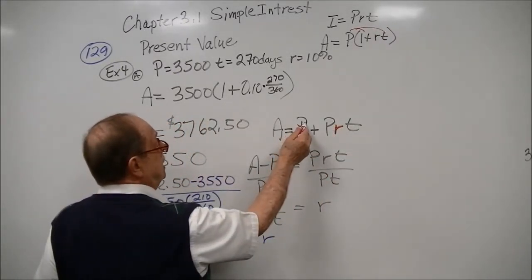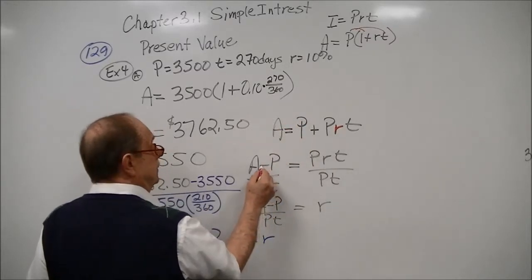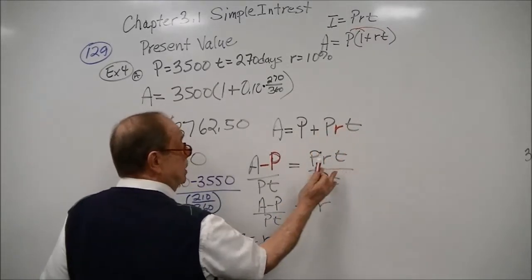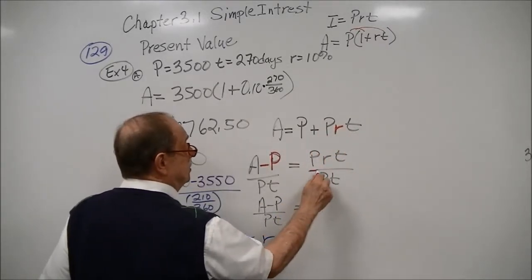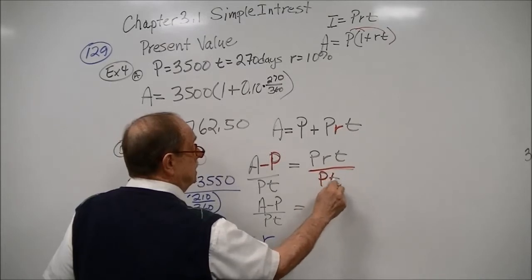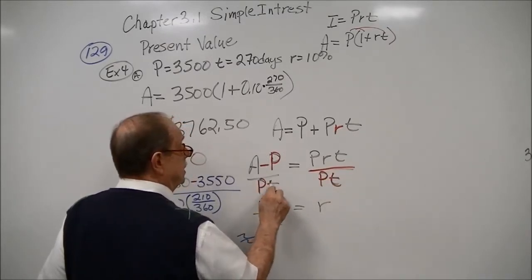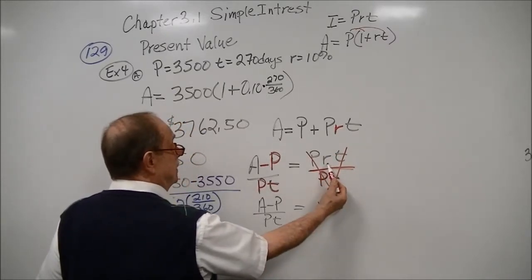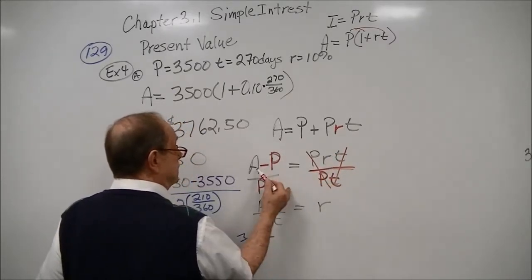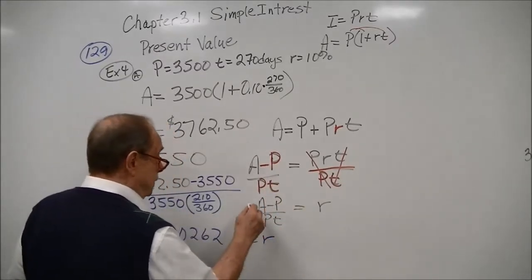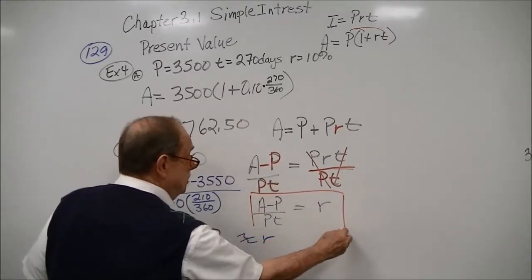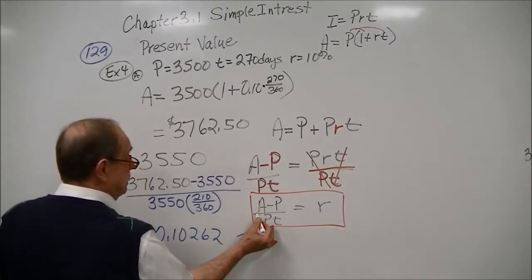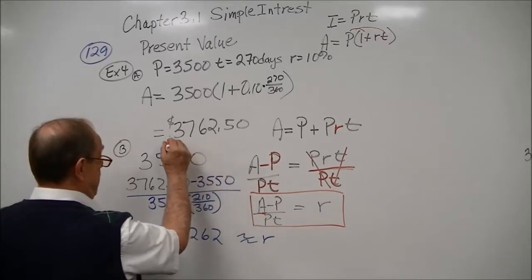So I take the P, transpose it, on this side it becomes a negative P, and then I've isolated what I want. Then I'm going to divide both sides by PT. Here the P's cancel out, the T's cancel out, so I'm left with the R, and I get rate equals this. So this is the formula I'm going to be using here, because I have my original amount, which I got right here.